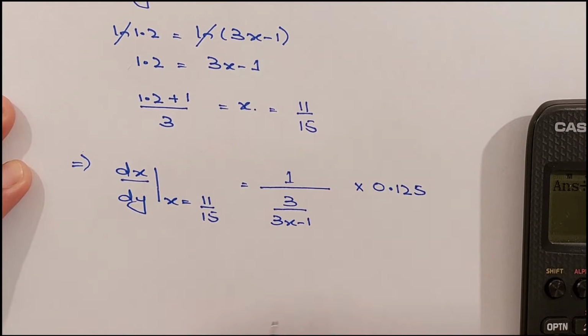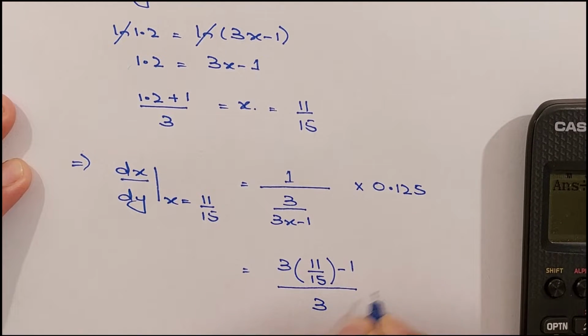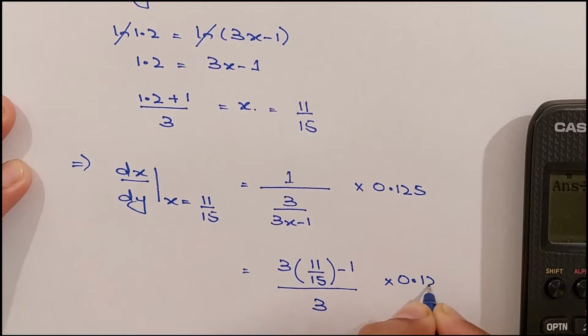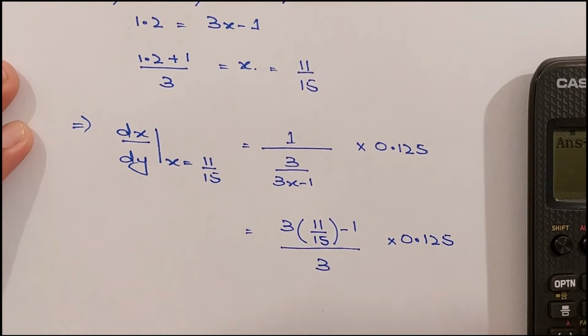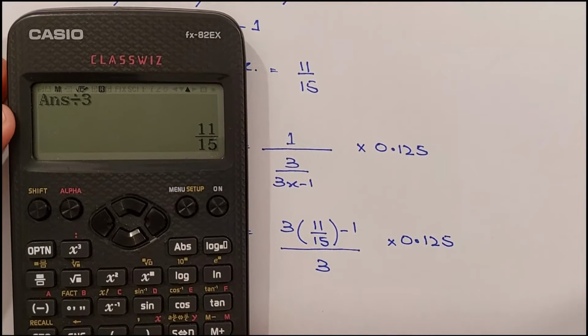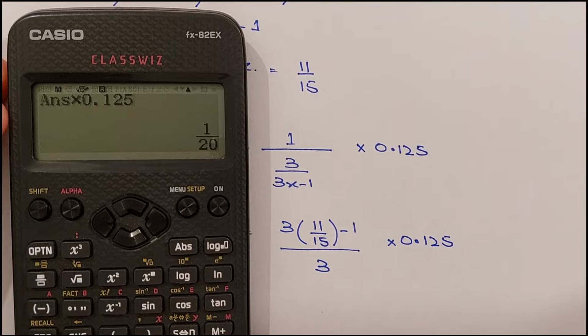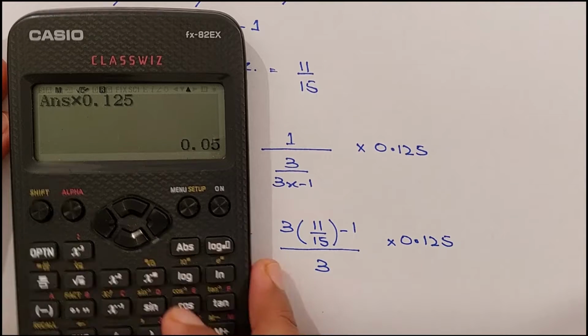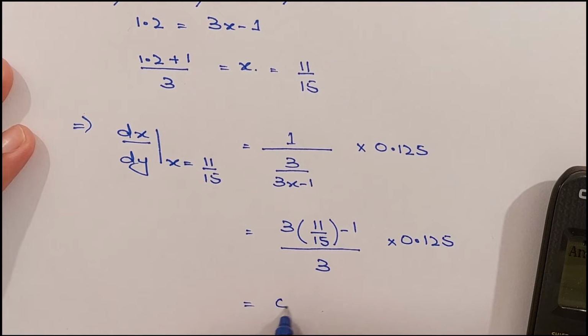So that is 3 times 11 over 15 minus 1, divided by 3, times 0.125. Simplifying, the answer is 1 by 20 or 0.05. 0.05 is the approximate change in x.